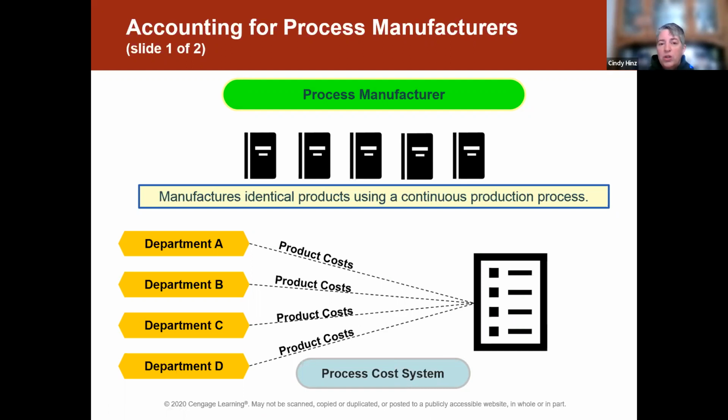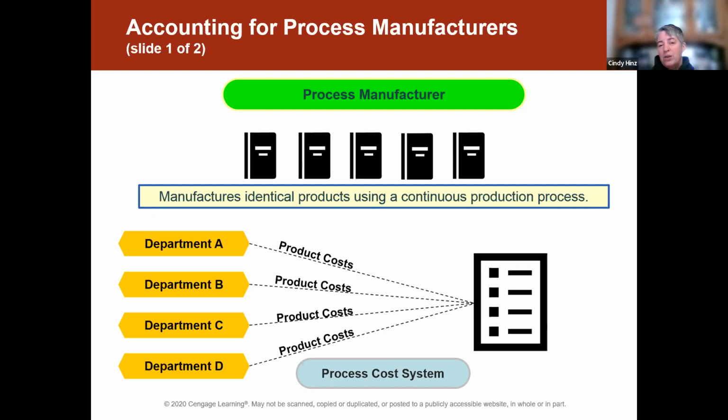Companies also could choose to use process costing, even if there is a beginning and end to producing a specific product or batch of products. They might choose to use process costing anyway, because they don't need to know how much that box of nails cost, or how much that box of screws cost to produce. So when you're producing many of the identical items coming off maybe a production line, even if you can clearly identify, oh, we're done with that knife, or oh, we're done with that television set.